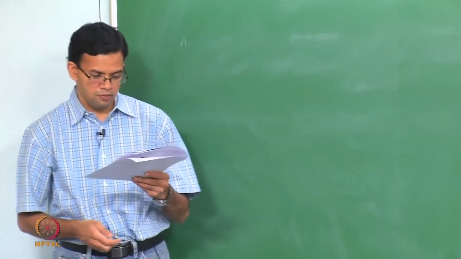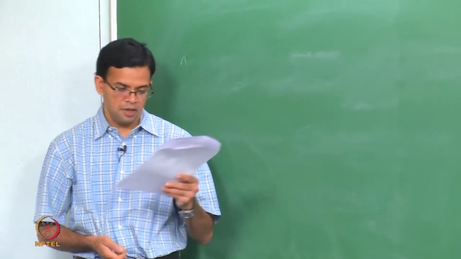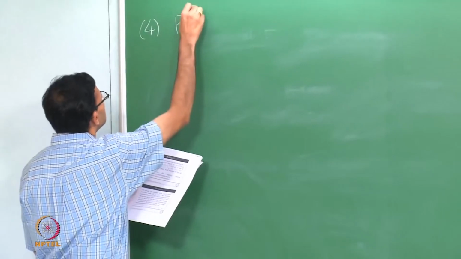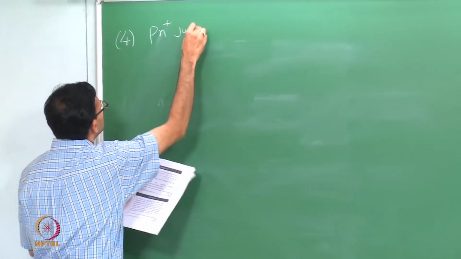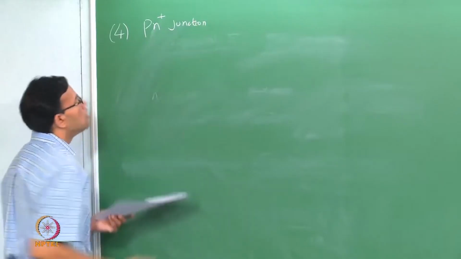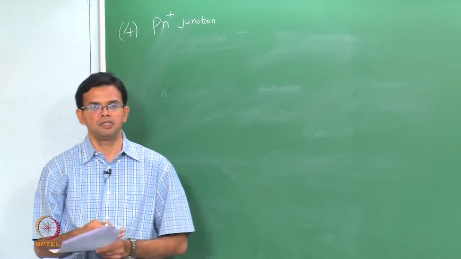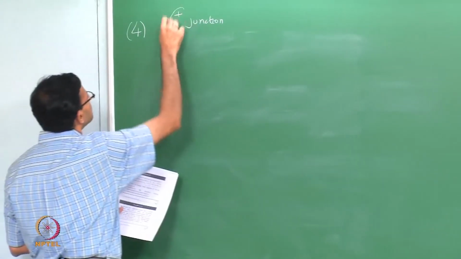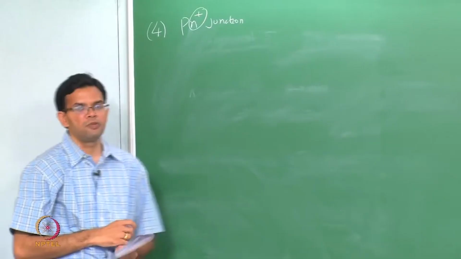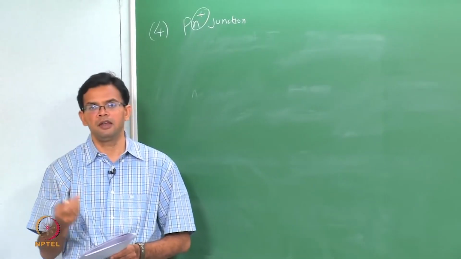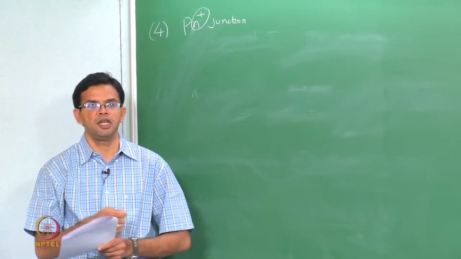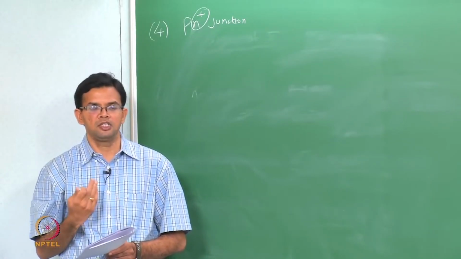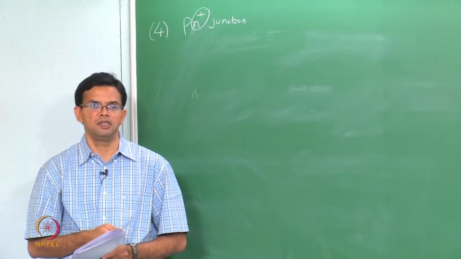So, problem 4, you have an abrupt PN plus junction. When we say a P n plus or a n P plus n, the plus essentially denotes that this is heavily doped. So, when one of the sides of a PN junction is heavily doped, then the depletion region lies almost entirely on the other side.